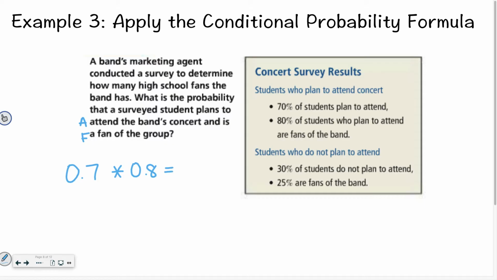So overall, how many are both? You would say 0.7 times 0.8, which is 0.56, or 56% of students would plan to attend and also be fans of the band.